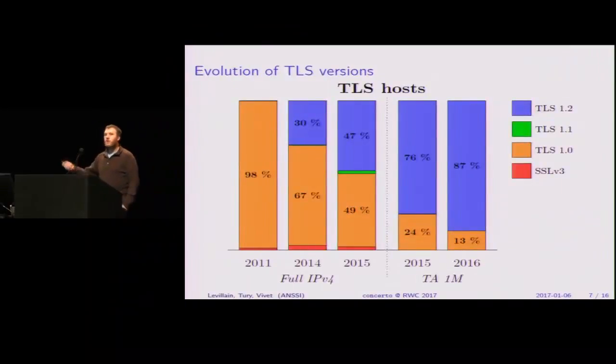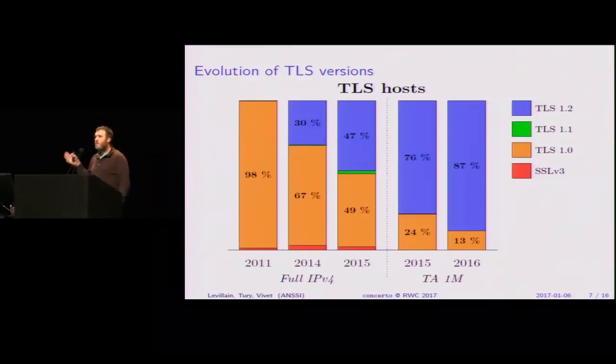Okay, so just first simple results about what we can get. This is about data coming from our campaigns, 2011, 2014, and the other 3 ones, so the full IPv4 from 2015 is from scans.io, and the 2 regarding top Alexa 1 million are also from scans.io.